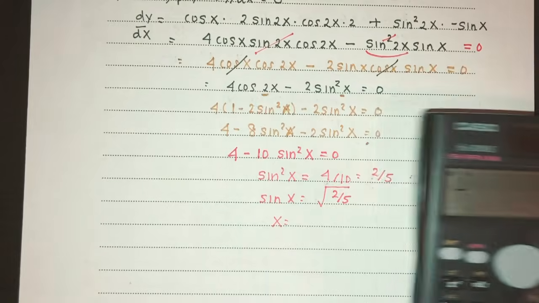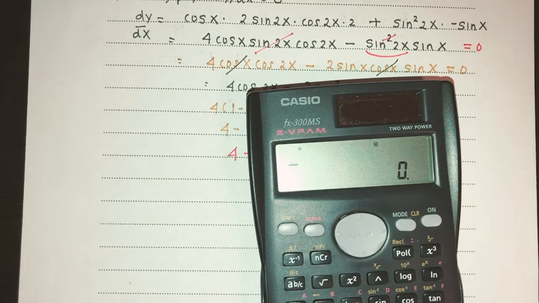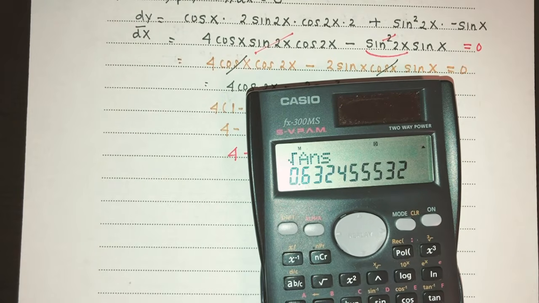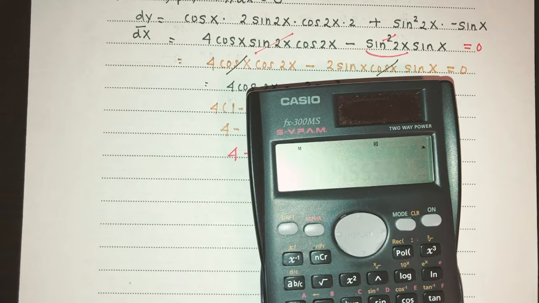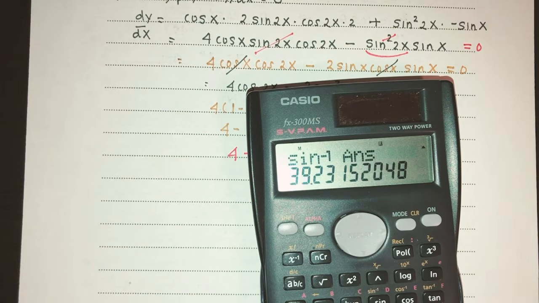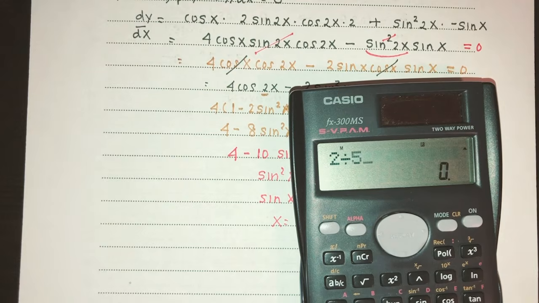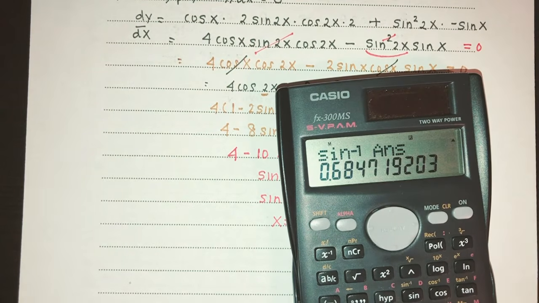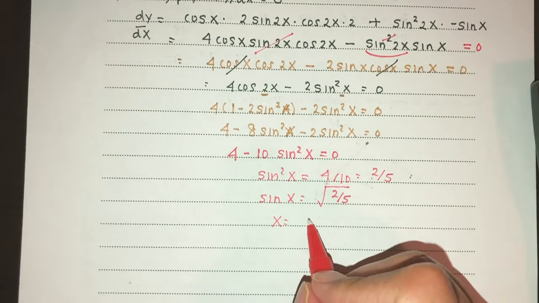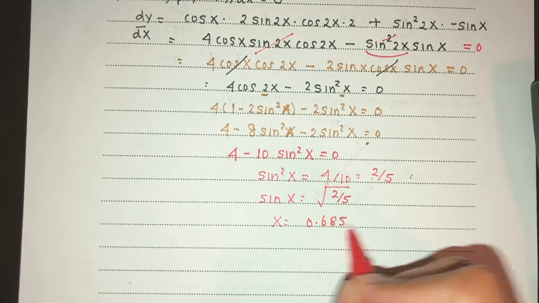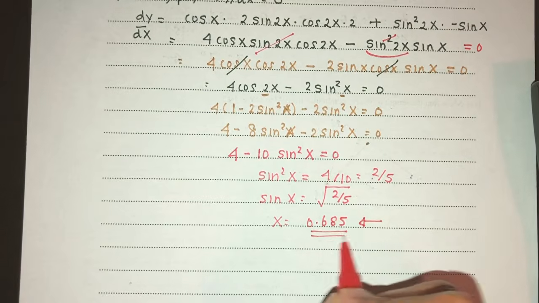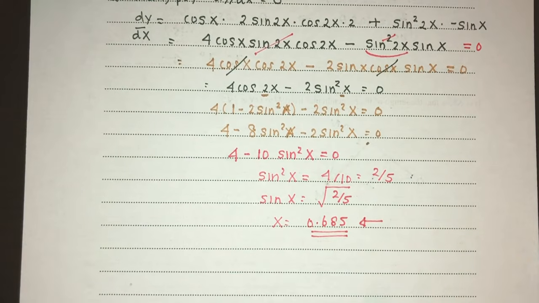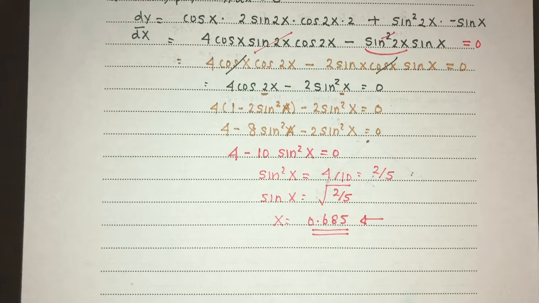So we find sine inverse of the square root of 2 divided by 5, in terms of radians, that will be 0.685. x will be 0.685. That will be your value of x. Okay, that is for part A.